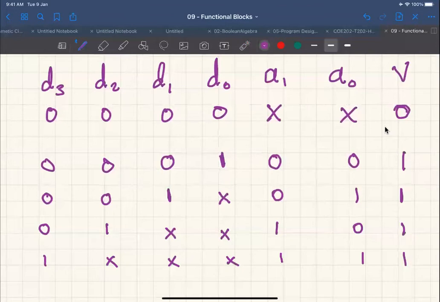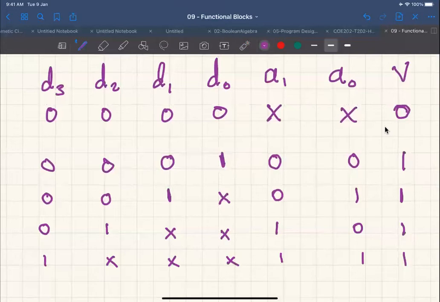What Boolean operator does V implement? We get the AND of all these and then invert it. Oh, sorry, we don't invert it. So the AND, huh? The OR, sorry.